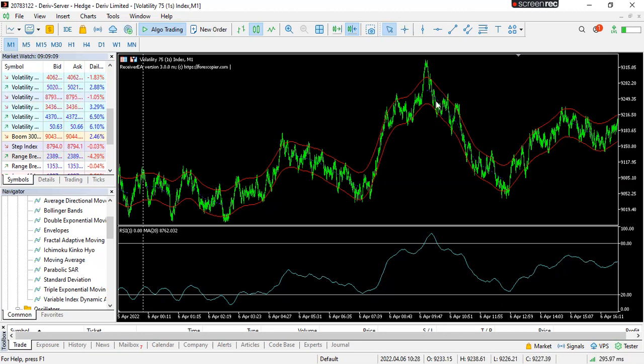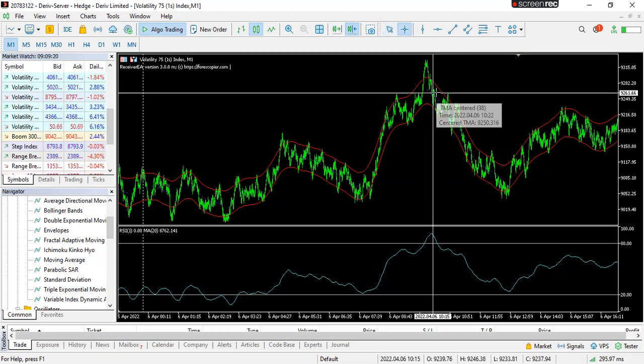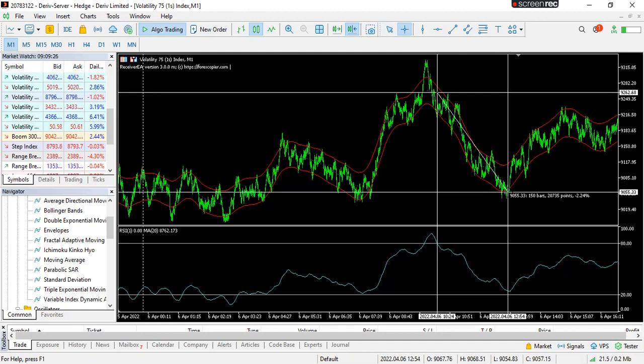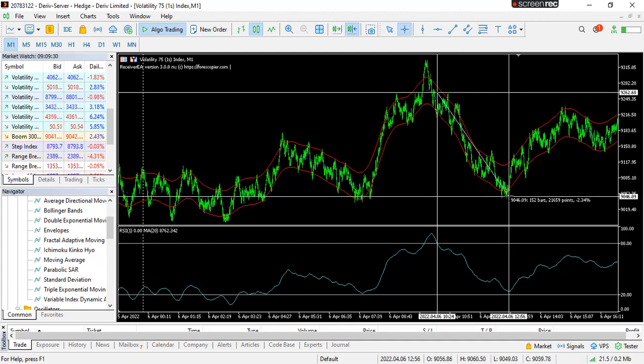Okay? So from here, this is where the trade broke out, all the way down here. That's what, about 2 hours, if I'm not wrong. The trade broke out here. Let's say you entered here up to here. 2 hours and 30 minutes.